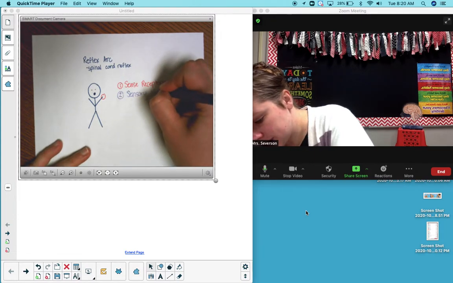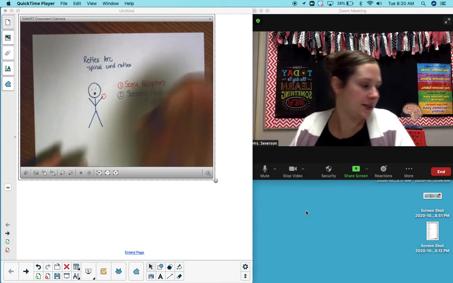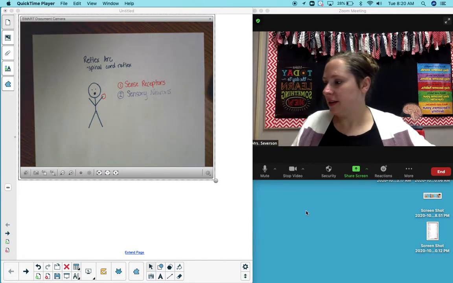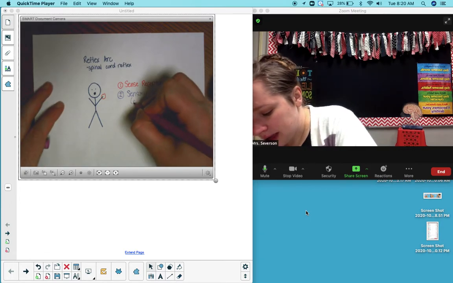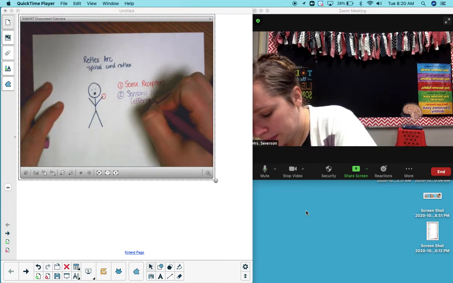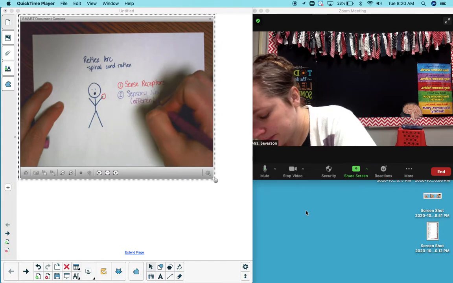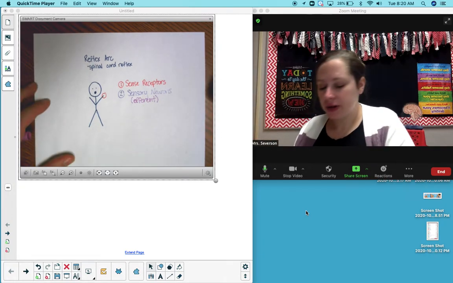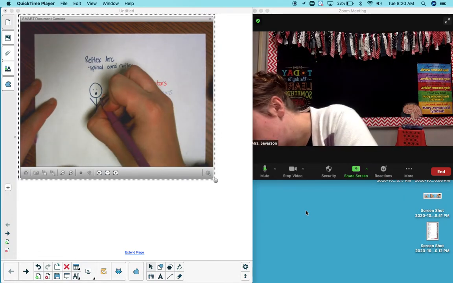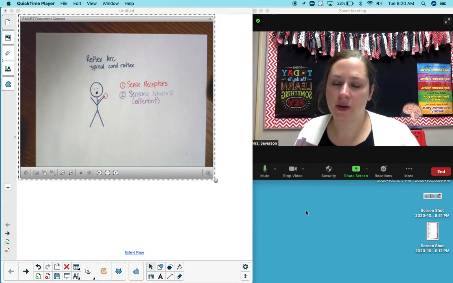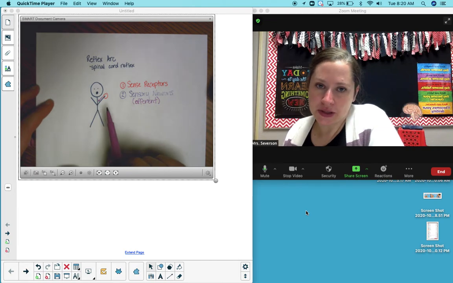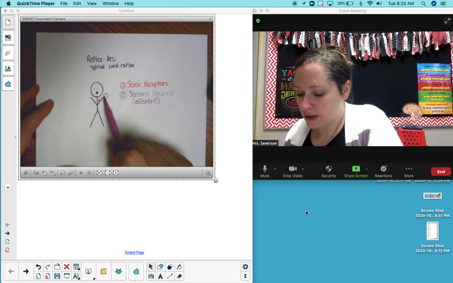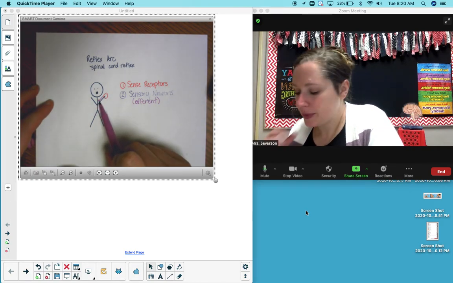And this marker is dying, so I'll have to use a different one, which is fine. Okay, so the sensory neurons, and remember these are called the efferent neurons. Afferent, excuse me. Okay, so the sensory neurons are going to go from your fingers to your spinal cord. Again, we had talked about this earlier, that the sensory neurons are going to go from your sensory receptors to your spinal cord.